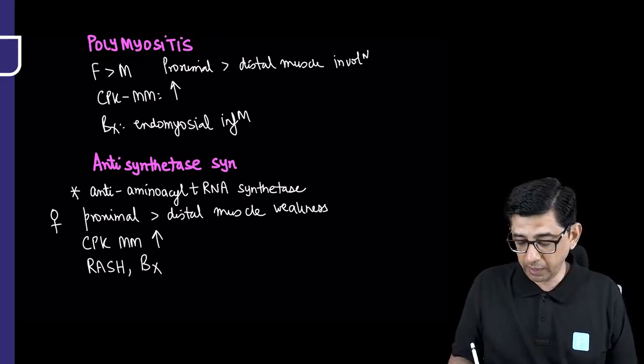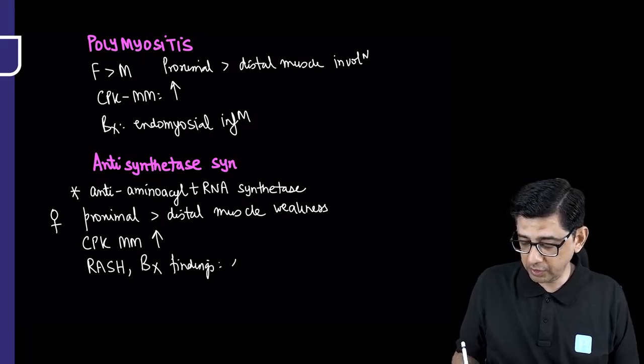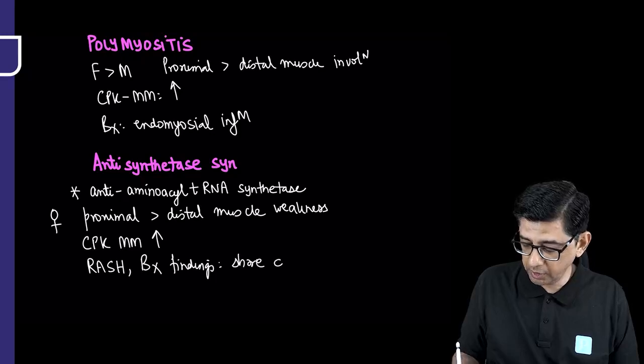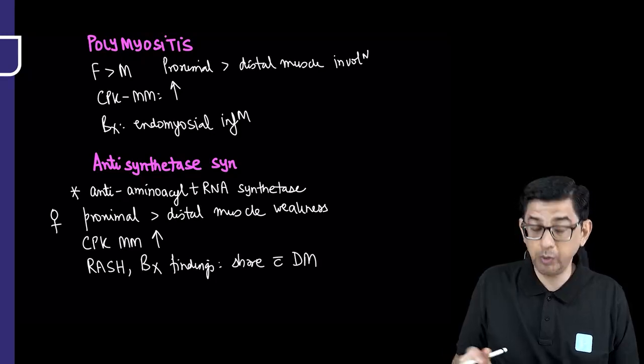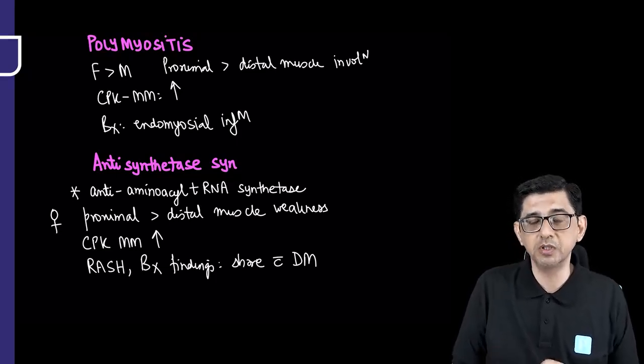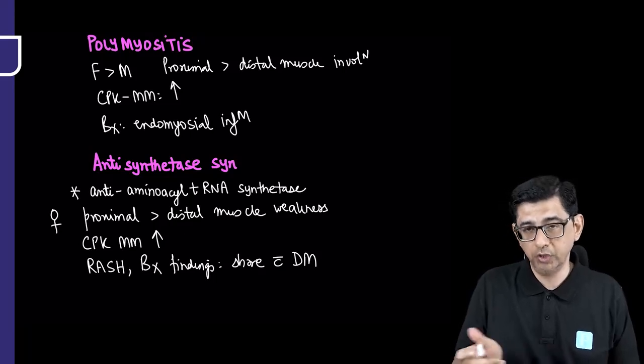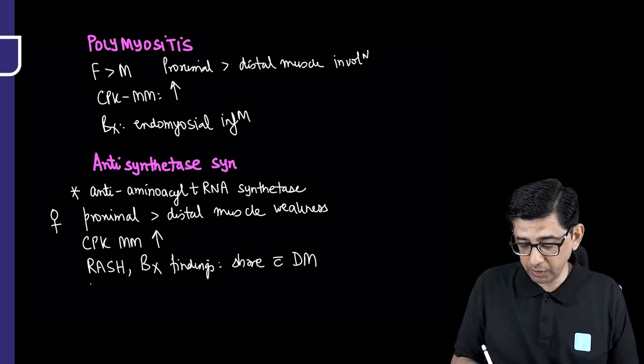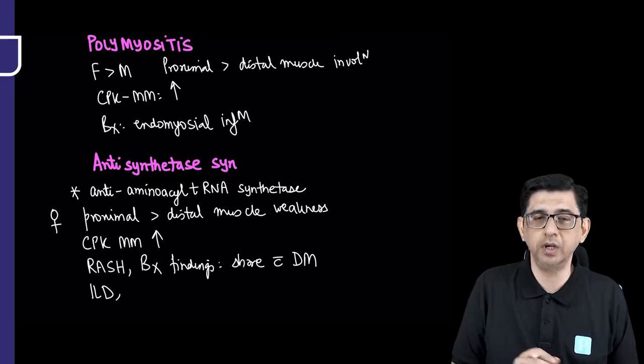I repeat, the rash and biopsy findings that are present in anti-synthetase syndrome tend to be shared with those of dermatomyositis. Both diseases could have a rash, and both diseases could have identical muscle biopsy findings. So therefore, what you need to remember is mechanics hands, which is a good hack to get the question right on clinical grounds.